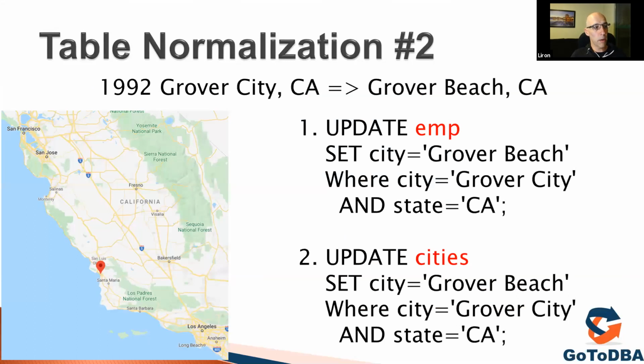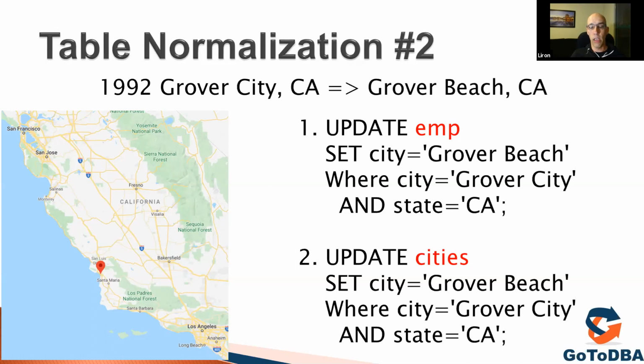One more thing about table normalization is an incentive for it, and this is a real story from 1992. A city in California called Grover City decided to change its name to Grover Beach. If we take the employee table from before, it had a city and state.